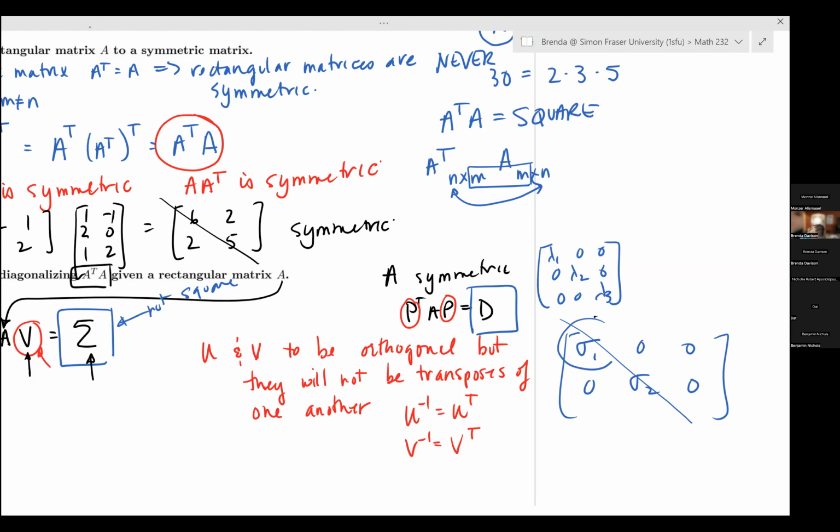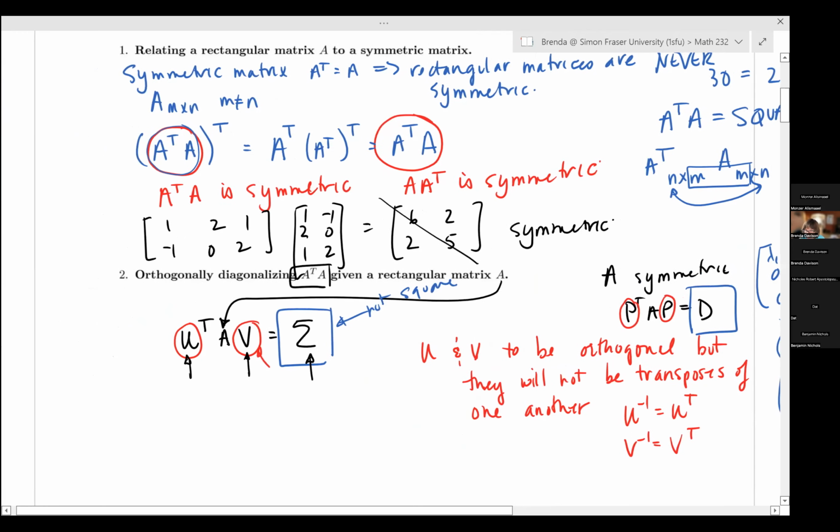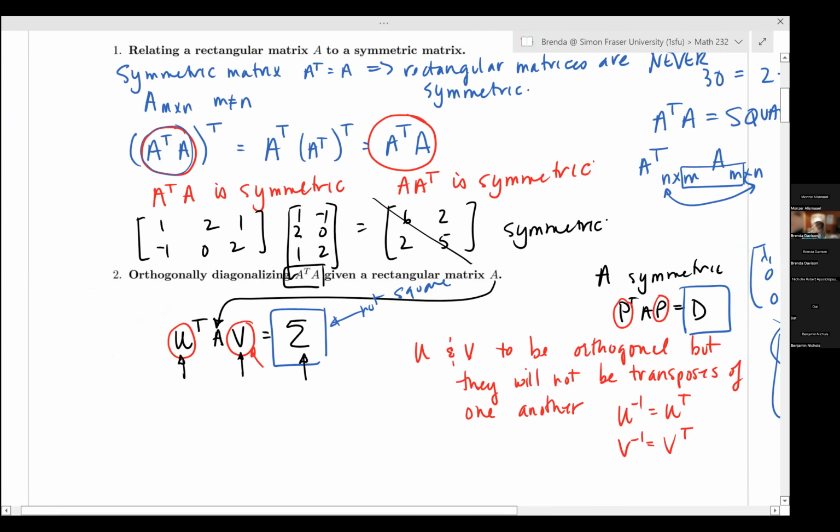And these entries are not exactly eigenvalues of A. What they're going to turn out to be are the square roots of the eigenvalues of A transpose A. We're going to see this coming; there's no way you would know this yet. So we're using a different notation, and your answer that it was just a notation is quite correct.